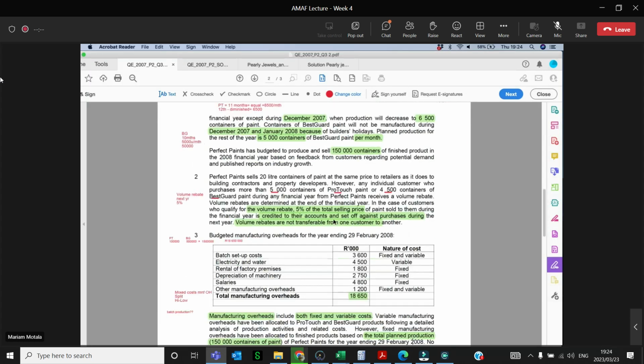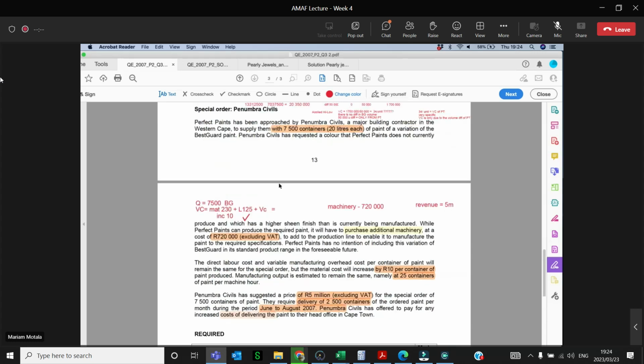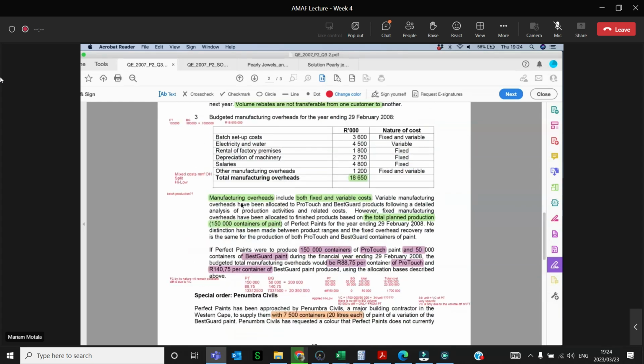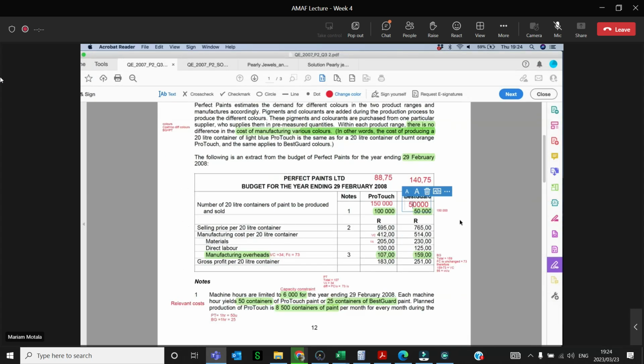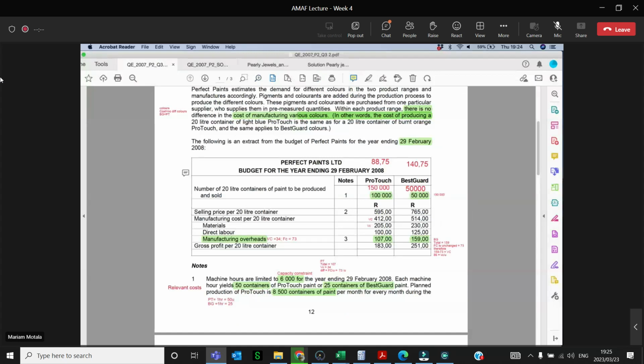I've simply picked that up from this last part so that we don't have to go back to the bottom part here. So I read the manufacturing overheads, and this is the part that I read, that 150,000 and 50,000 containers of Best Guard, the costing at this point. That's what I have reproduced here. So there's two types.